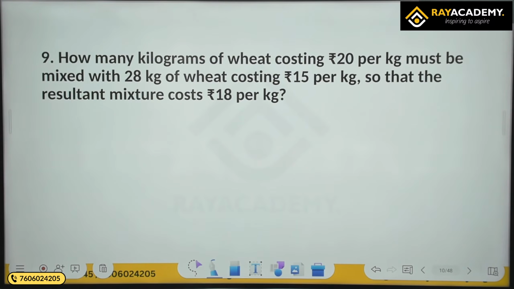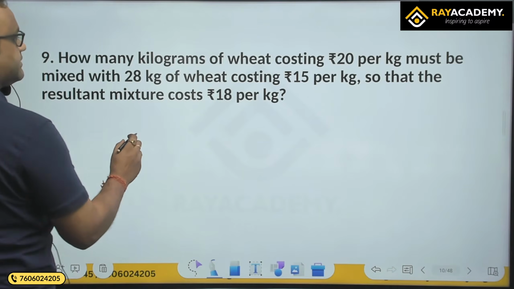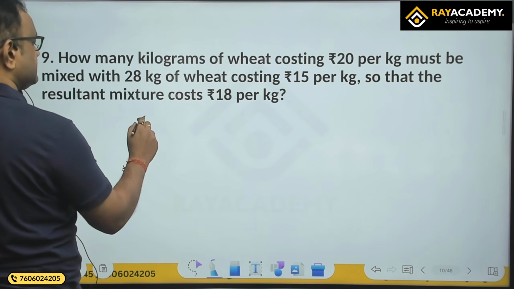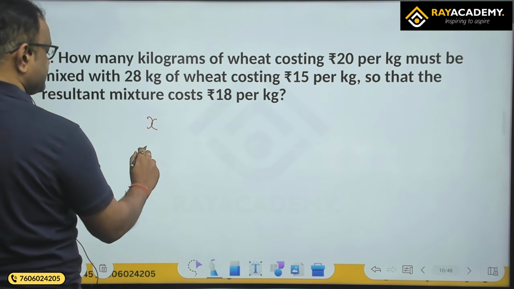Next question says, how many kilograms of wheat costing 20 rupees per kg must be mixed with 28 kg of wheat costing 15 rupees per kg so that the resultant mixture costs 18 rupees per kg. So here also, how many kilograms of wheat you don't know, and its cost is 20 rupees per kg.